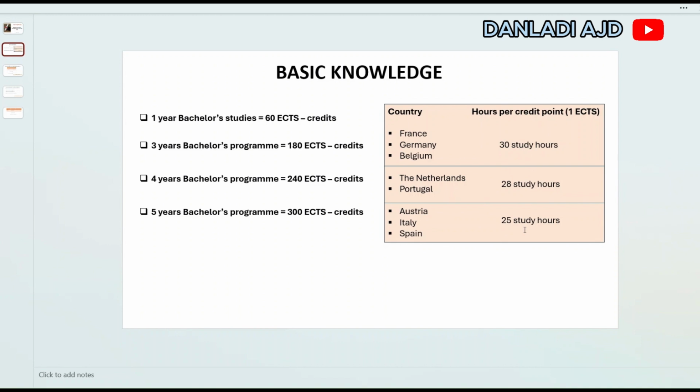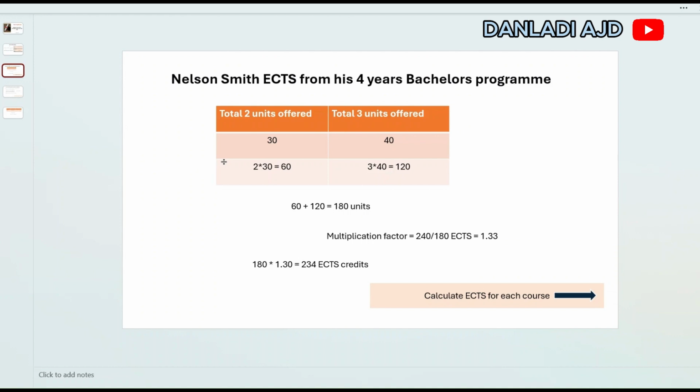Now, in order to change your bachelor's degree credit to the ECTS credit, we've set an example here, just an imaginary name. Mr. Nelson Smith is planning to convert his bachelor's credit score to the ECTS. Now, how does he do it?